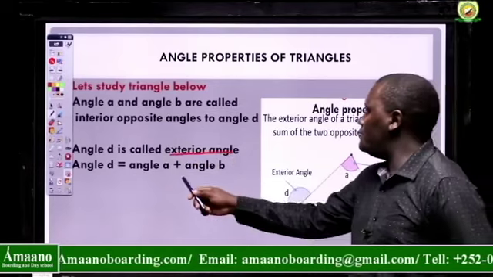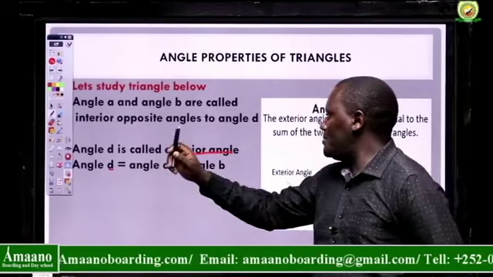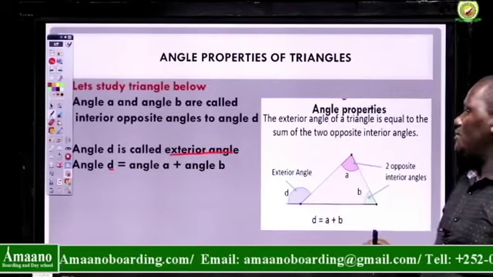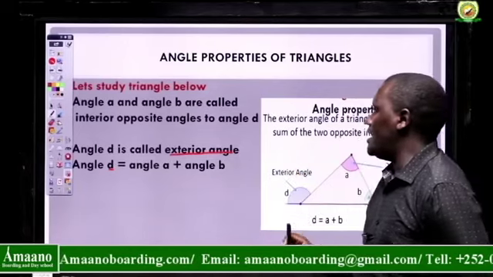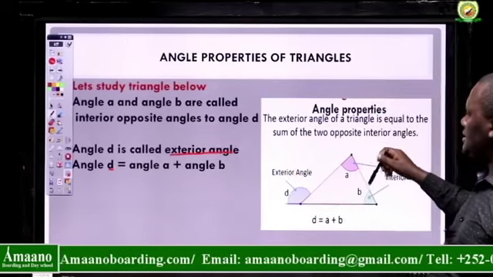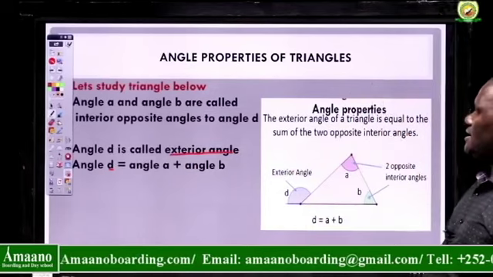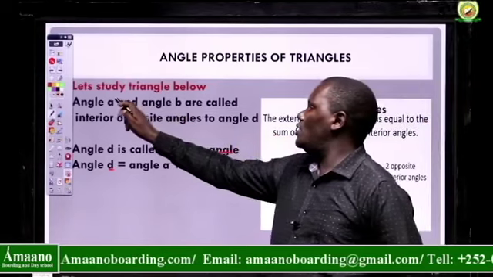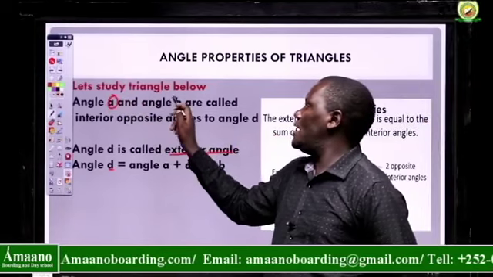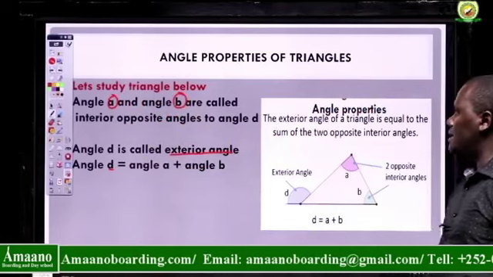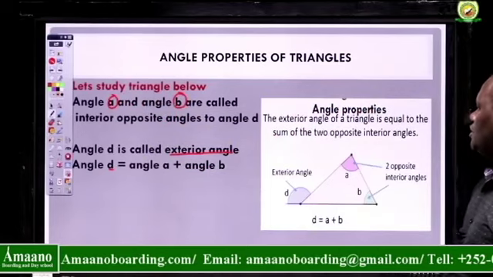Now, how do we find angle D? Remember, angle D is an exterior angle. For me to find this exterior angle, I will add the two opposite interior angles, that is angle A and angle B. These are two interior opposite angles.